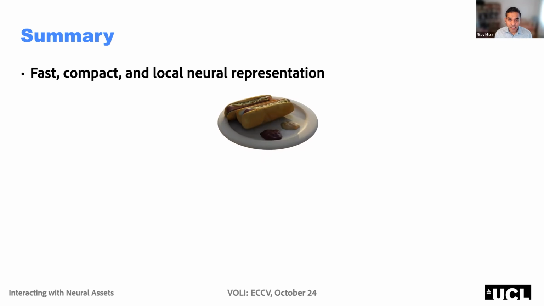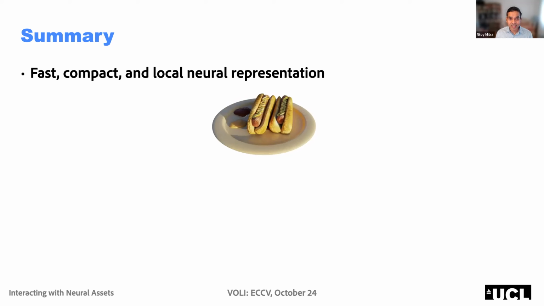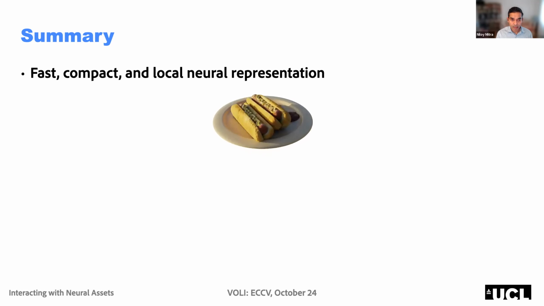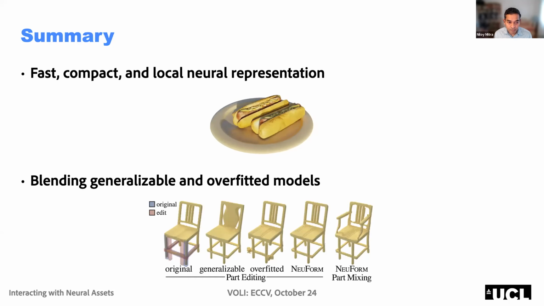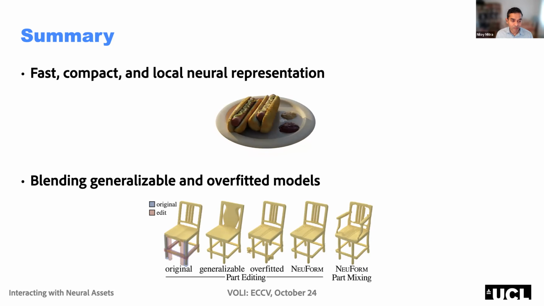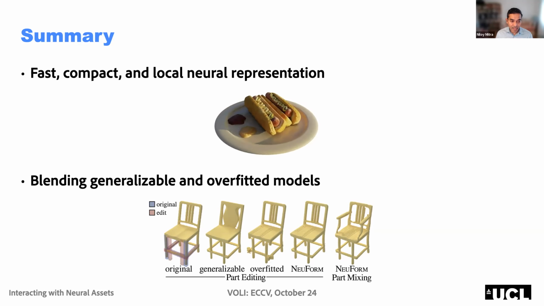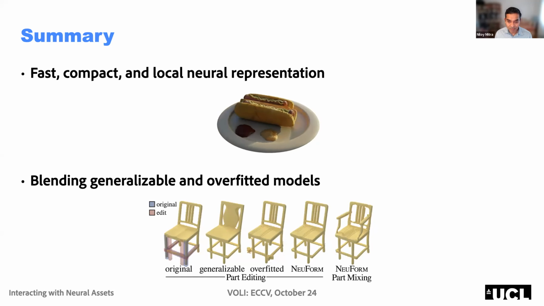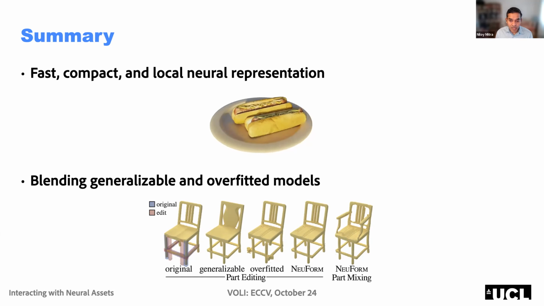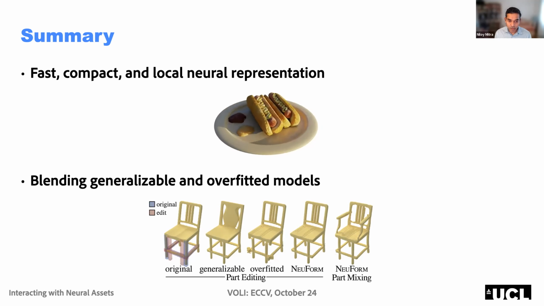We can have features directly on grids, on cuboids connected to parts, etc. And this allows us to have one of the first approaches that allows blending between overfitting to single objects versus allowing the generalizability across models or across collections, and we can start getting the best of both worlds.